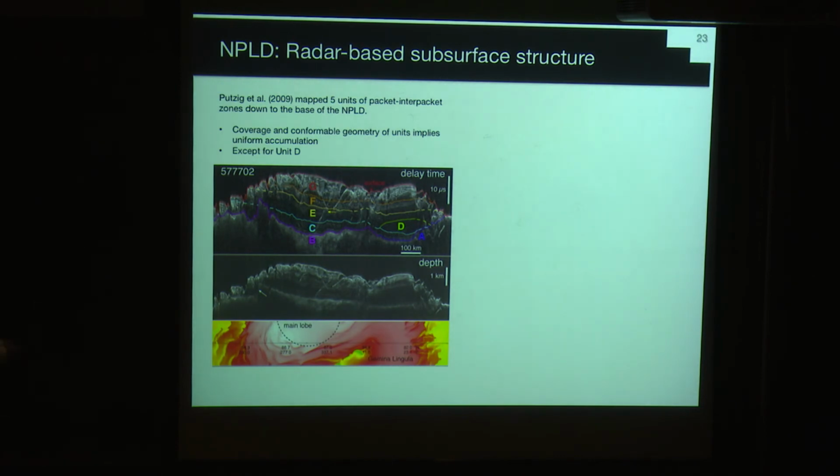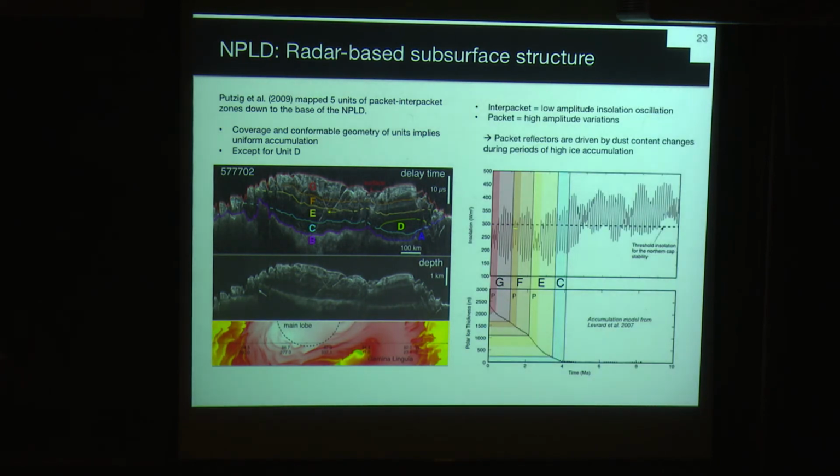Okay, and so as far as radar, I'm going to go quickly through this because Shane already went through it. This is the same plot that he showed from Putzig et al. These are the five units that they identified. You have packet zones and interpacket zones, where you have a lot of reflectors, and then more tenuous reflectors in these areas here.